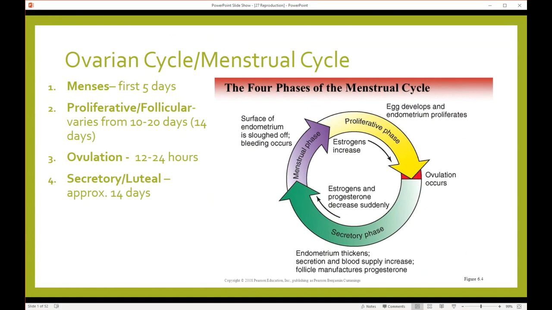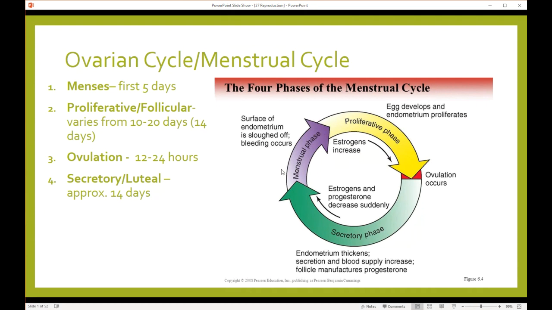And we also sometimes call this our follicular phase. This varies, but it generally goes for about 14 days, okay? Now, just so you know, the proliferative phase and the follicular phase, sometimes they call all of this the follicular phase, okay? So menses happens usually within that first 5 days.